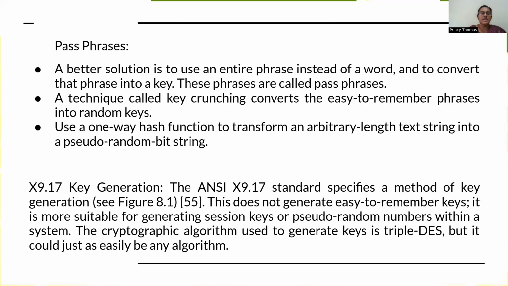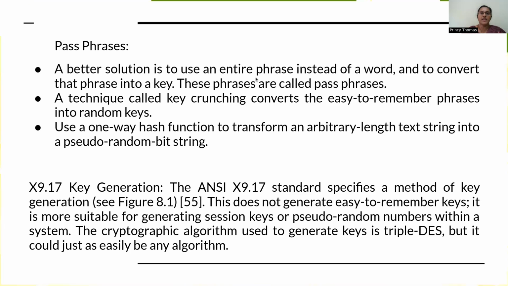Okay, next, instead of using a single word, we can decide to use a phrase, a sentence, and try to generate the key from that sentence. So a better solution to all these problems is to use an entire phrase instead of a word and convert the phrase to the key.